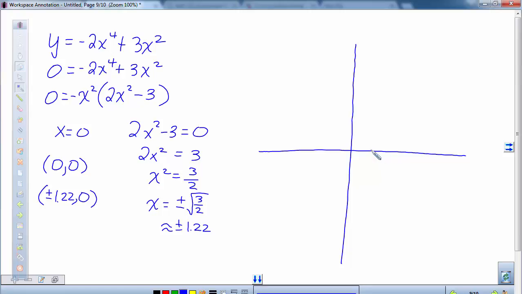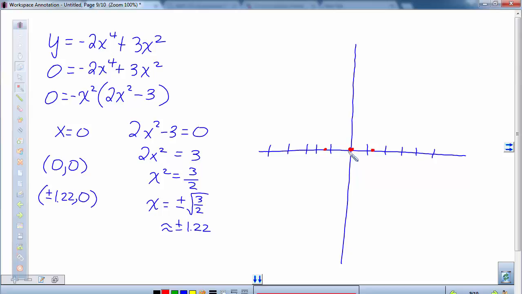Okay, this is just rough, but let's say 1.22, minus 1.22 and 0. These are 3 places where we know the function is equal to 0. So we found the intercepts already.